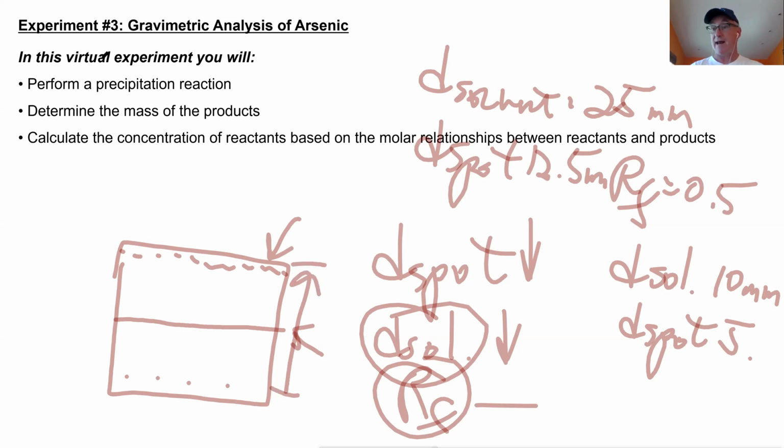It's moved to the top and it's kept going. So you underestimate the distance of the solvent. And when you underestimate the distance of the solvent, you then overestimate the ratio. So you always want to stop it before it gets to the top.